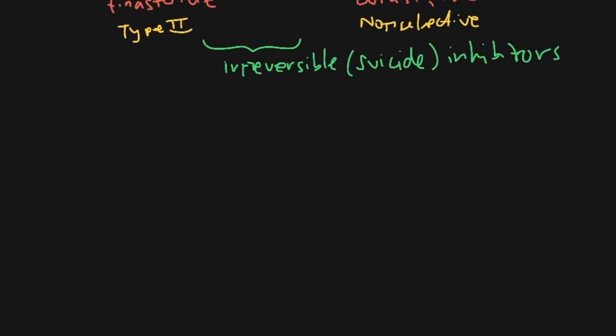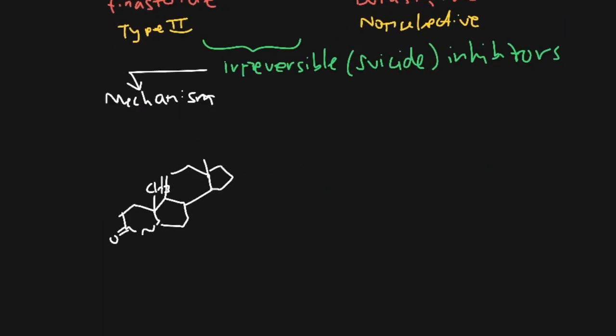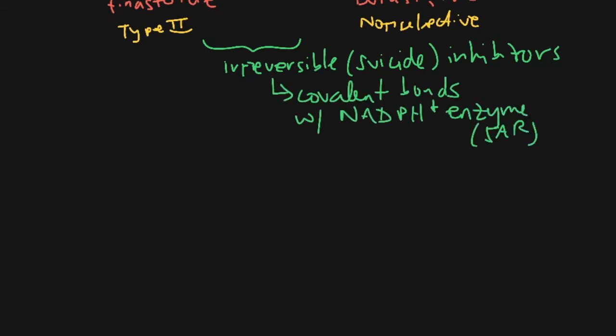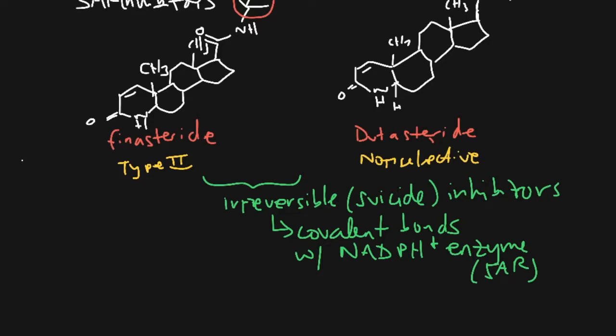Okay, so we probably don't have to know the little details of the mechanism, but basically just know that irreversible inhibitors form covalent bonds with their enzyme or the cofactors. In this case, finasteride and dutasteride form covalent bonds with NADPH and the enzyme 5-alpha reductase.